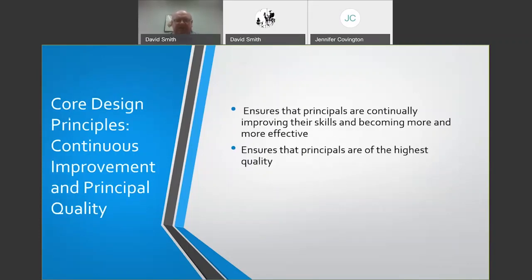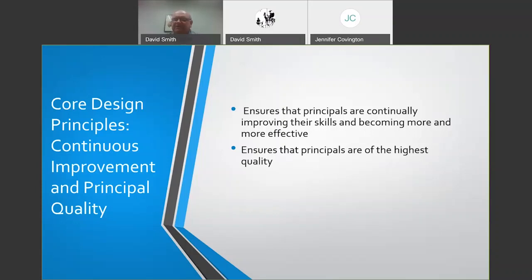The second core principle was that it has 2 portions to it. In nature, it has 2 purposes. And the first purpose, in all actuality, is more important than the second purpose, although the second purpose is important. But the first purpose is that it ensures that principals are continually improving their skills and becoming more and more effective.